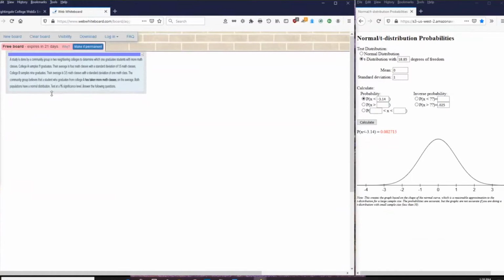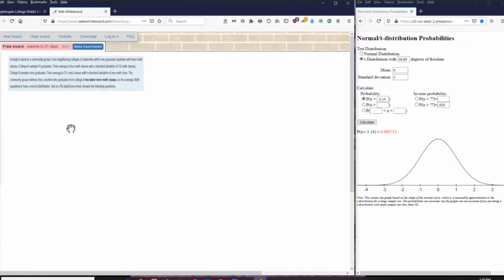Okay, so in this problem, it says a study is done by a community group in 2 neighboring colleges to determine which one graduates students with more math classes. College A samples 11 graduates. Their average is 4 math classes with a standard deviation of 1.5 math classes.